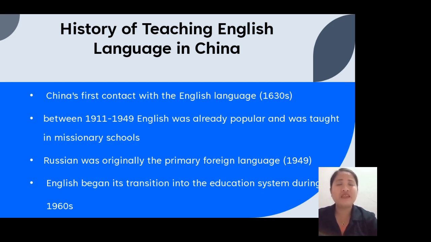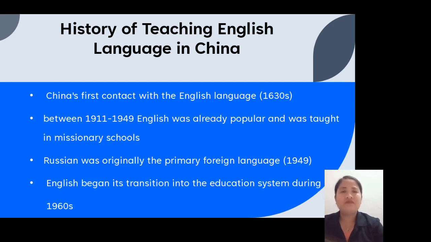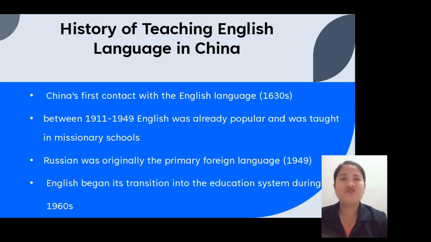Between 1911 and 1949, English was popular, and it was taught in missionary schools and 13 Christian colleges. After the founding of the People's Republic of China in 1949, Russian was originally the primary foreign language. English began its transition into the education system during the 1960s as a result of the Sino-Soviet split.